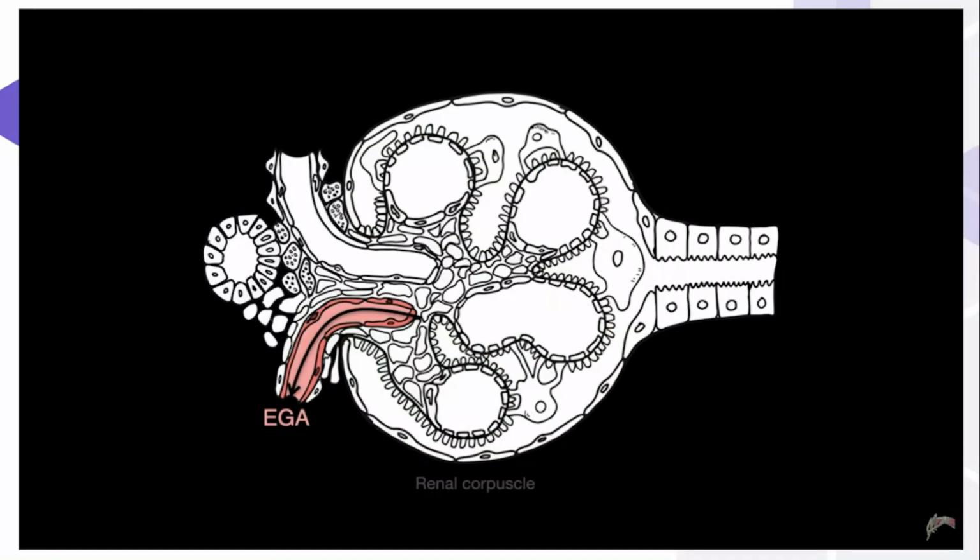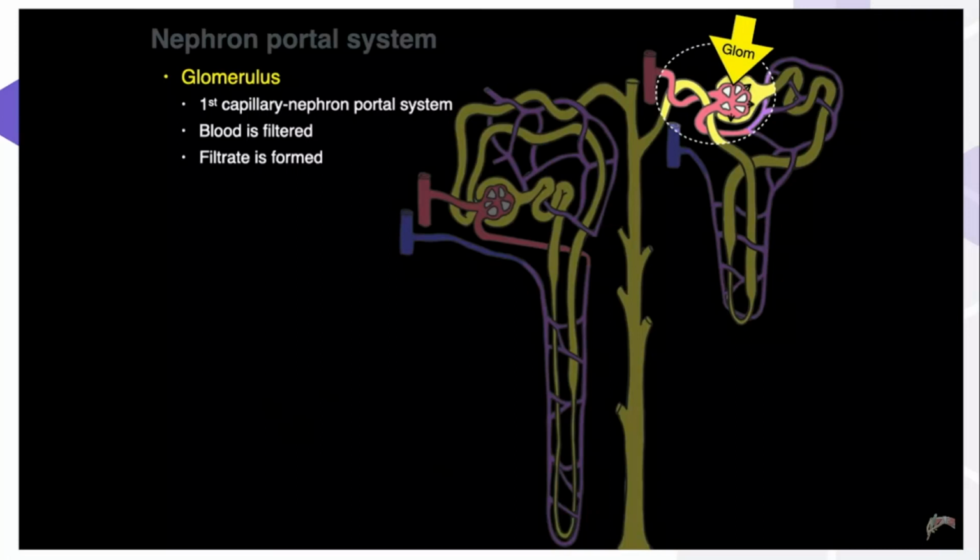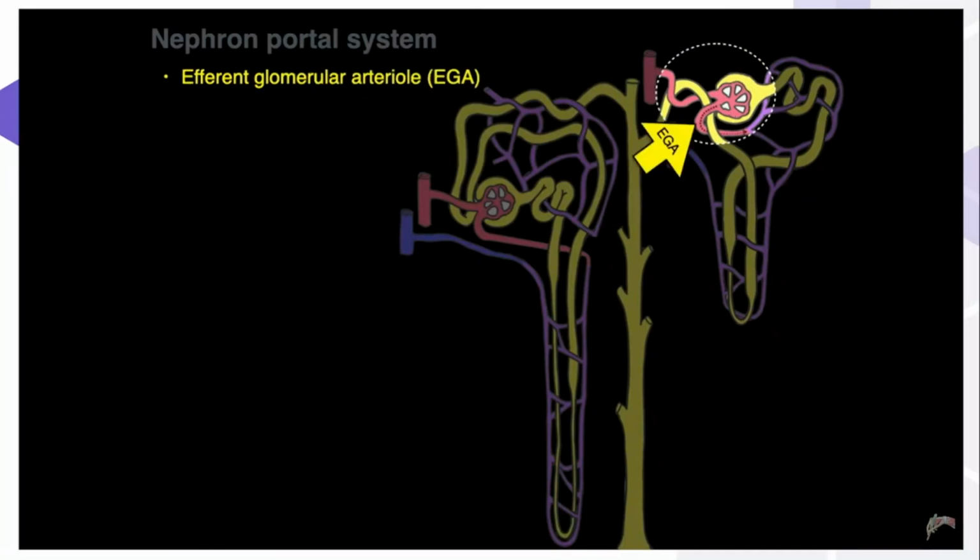Then filtered or cleansed blood is returned through the efferent glomerular arteriole. The efferent glomerular arteriole transports blood away from the glomerulus. Its diameter helps control GFR, the glomerular filtration rate.